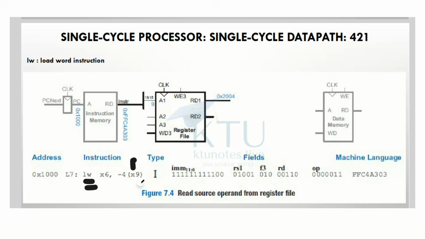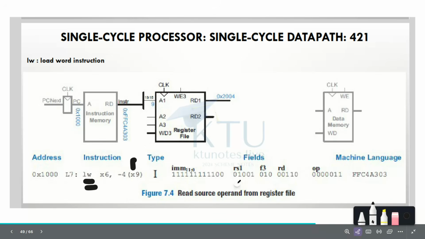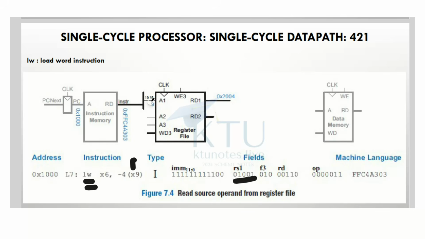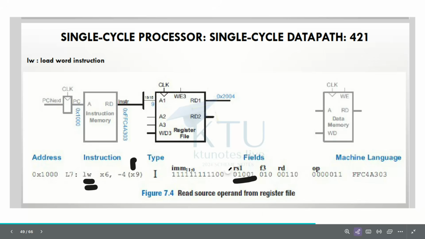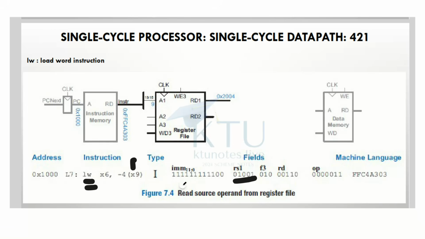This x9 register, this 9 is basically passing through here. Now this 9 is this field, the RS1 bits. Bits 19 to 15 are passed, because I am passing the RS1 bits. We know the instruction bits are numbered from 31 down, so 31, 30, 29, 28, 27, 26, 25, 24, 23, 22, 21, it will be 20.